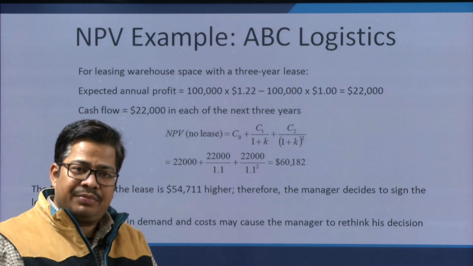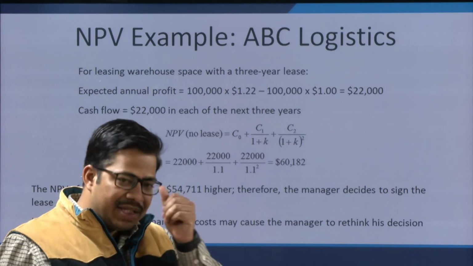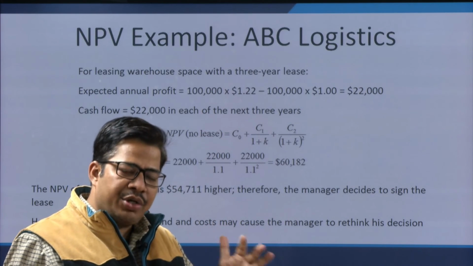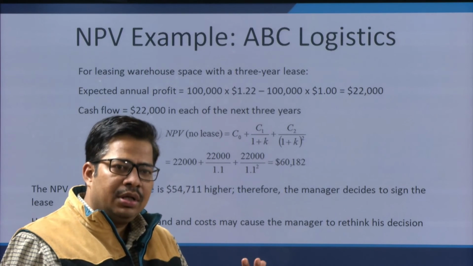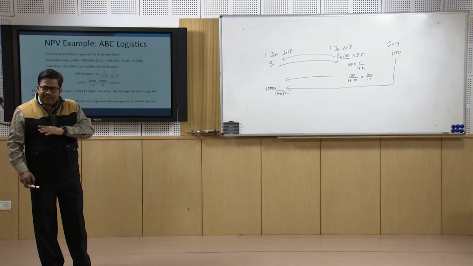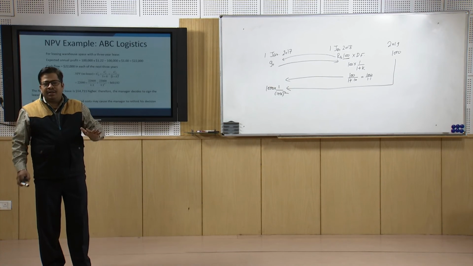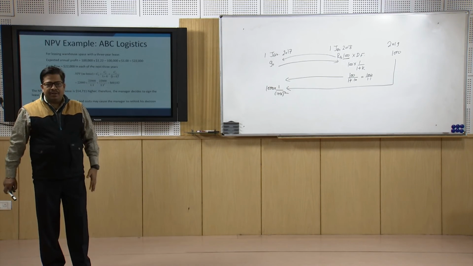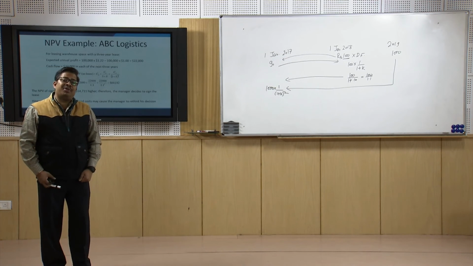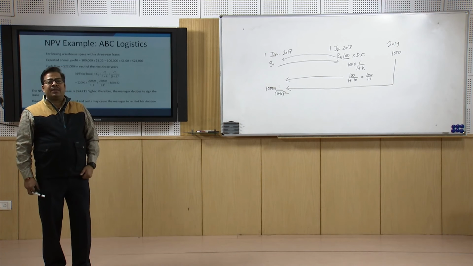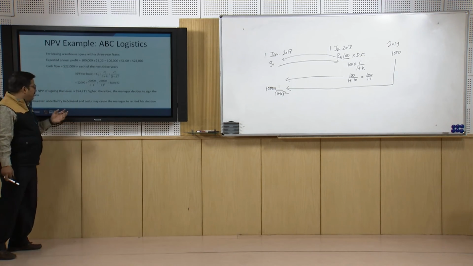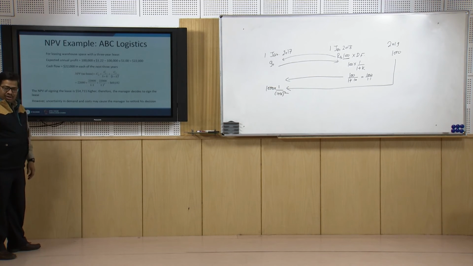Therefore our decision is this. Now in this particular case, we were very sure. Can I ask you one question? This is again a case of a lot of certainty in the market. But it is quite possible that you may need to rethink your decision because of uncertainties in demand and cost.